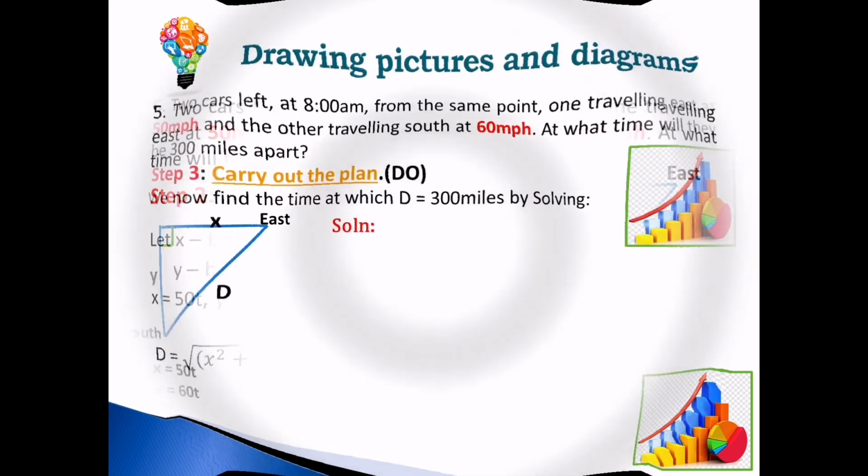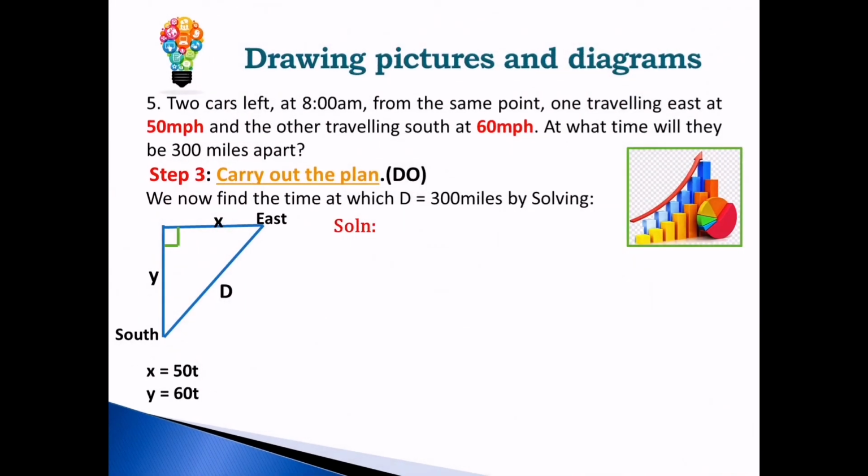Okay, let us now carry out the plan. We have the Pythagorean theorem, and we have the value of x and the value of y. The solution is, of course, to bring down the Pythagorean theorem. Before we do the substitution, let us first remove the radical symbol by raising both sides of the equation to the power of 2.